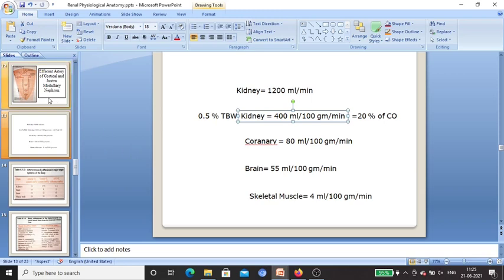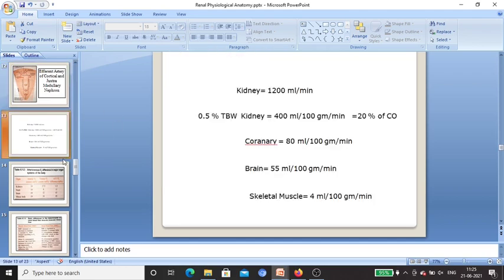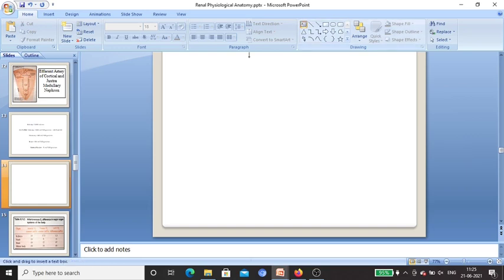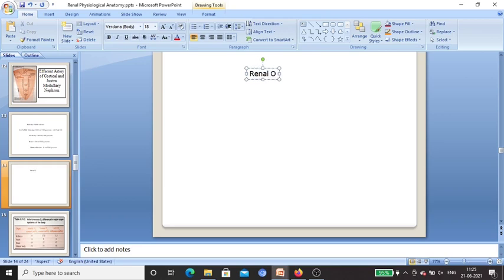What about the oxygen consumption of the kidney? Renal oxygen consumption is approximately 6 ml per 100 gram of renal tissue in a minute.